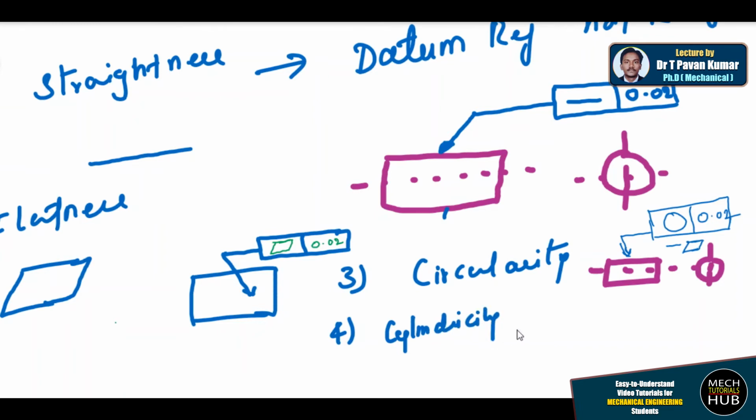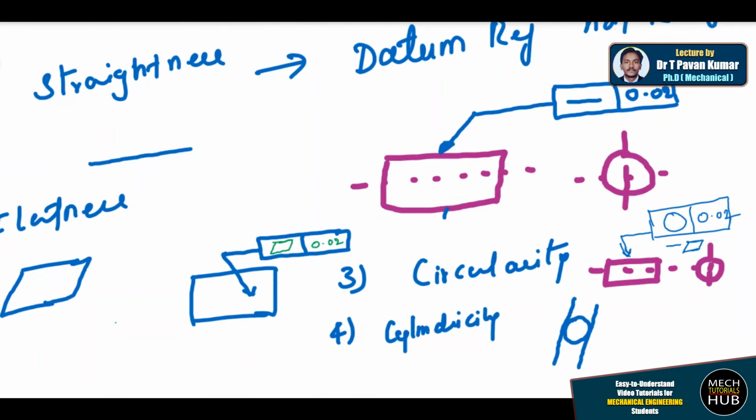The symbol of cylindricity is a circle followed by two tangential lines drawn parallel. This is the cylindricity symbol, and again I'll show this.